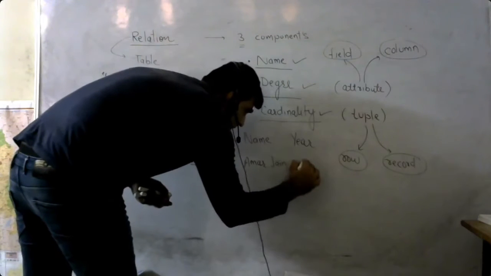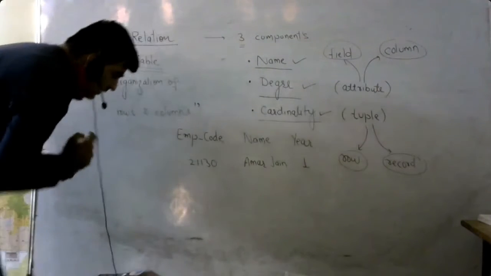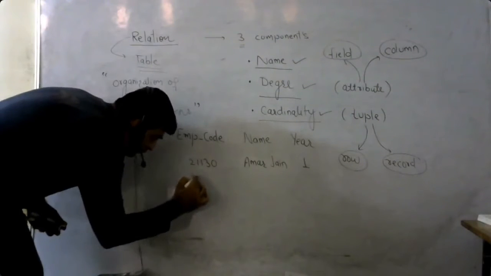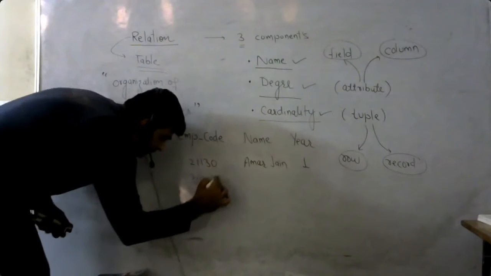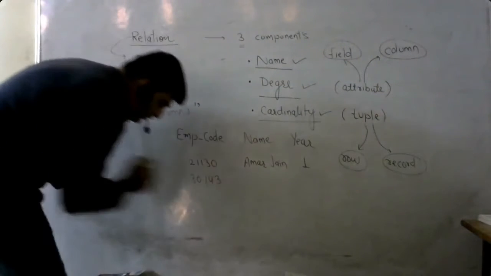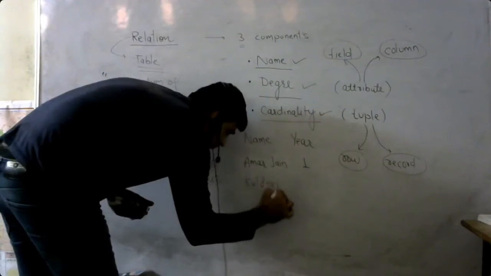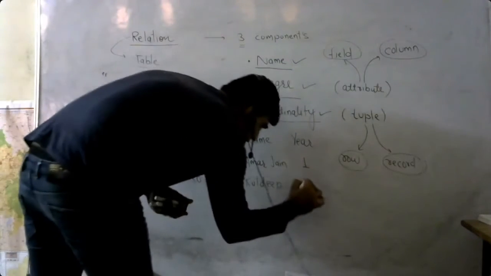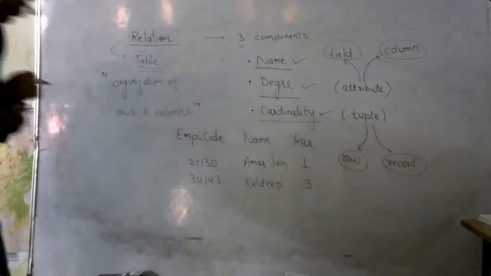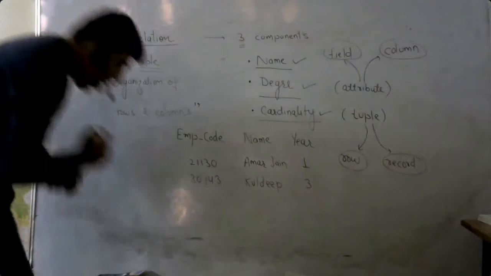And he's working in the company for the last 1 year. If we talk about the next employee, the code is 30143, Mr. Kuldeep. He has been working there for the last 3 years, he is a senior member over there.